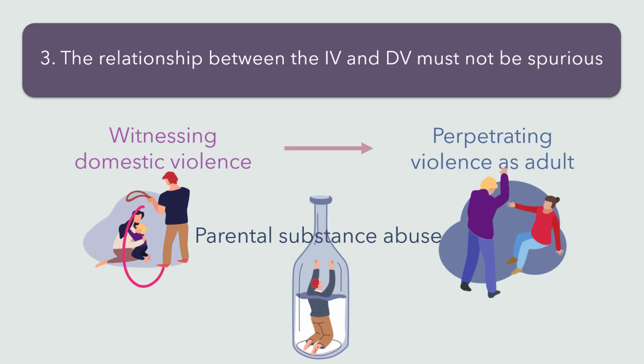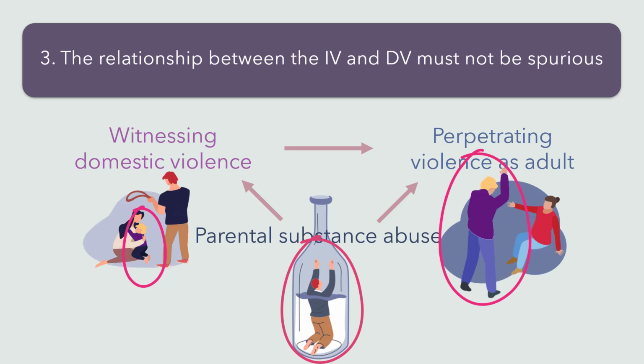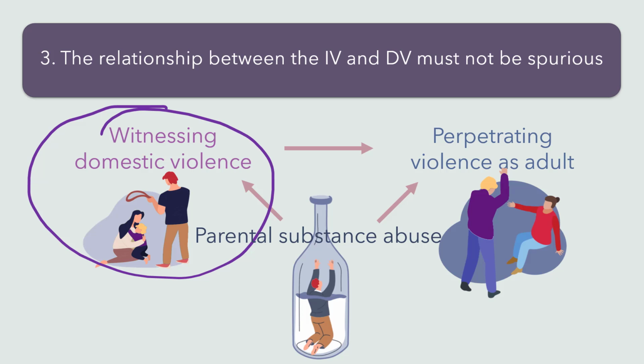So if that child who witnessed domestic violence, as an adult, tells us, yes, my father abused substances, and then we look at the data and we see that there's a relationship between parental substance abuse and witnessing domestic violence, and parental substance abuse and perpetrating violence, then that means that even though we thought there was a causal relationship between witnessing domestic violence and perpetrating violence as an adult, actually we were wrong.